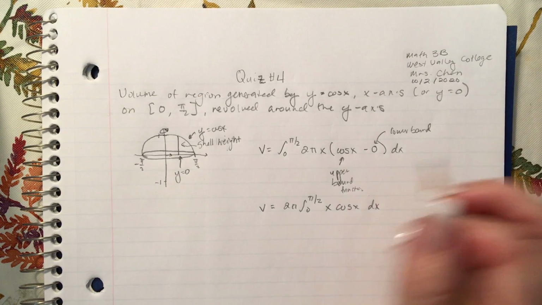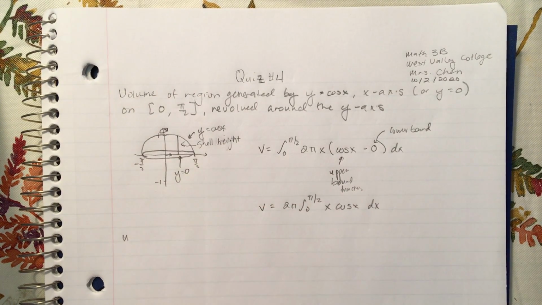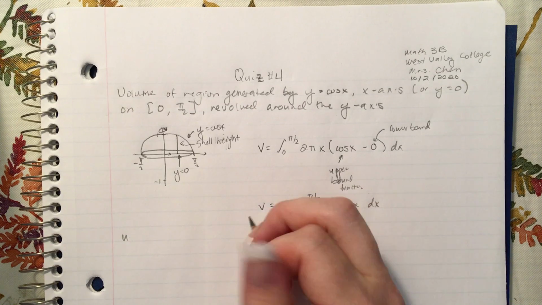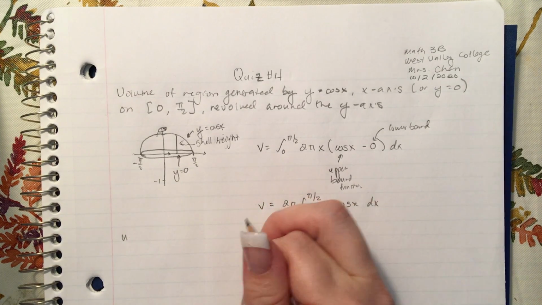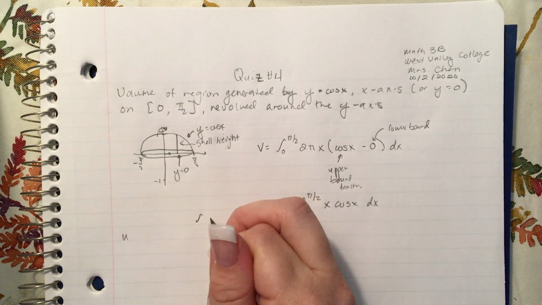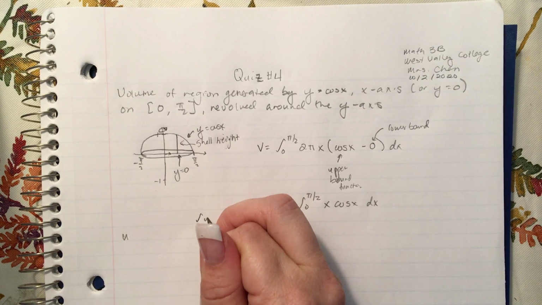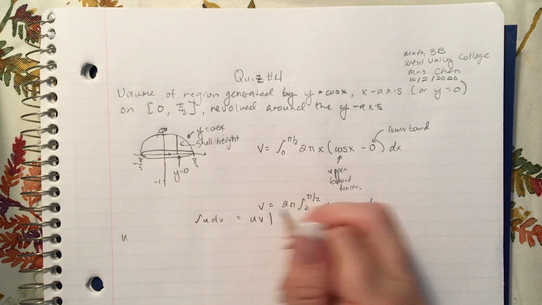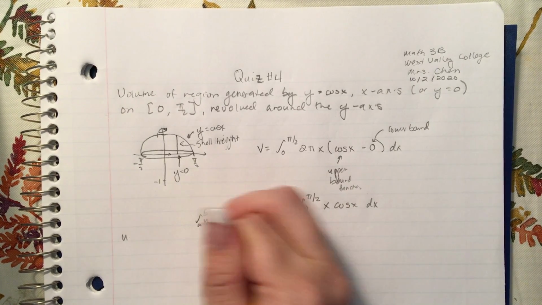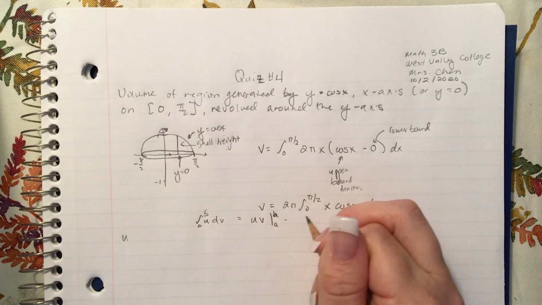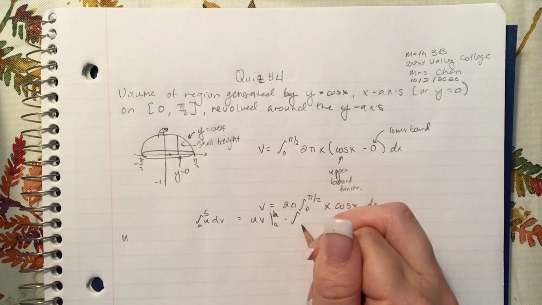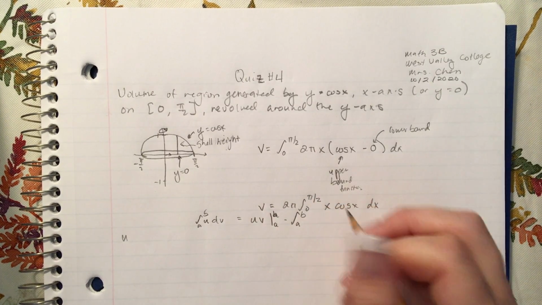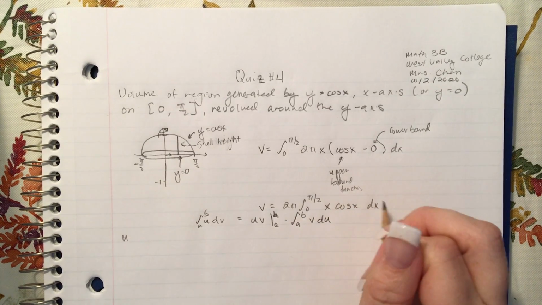So now I'm going to set u, and then if we remember, integration by parts is the integral of u dv equals uv from a to b minus the integral from a to b of v du.